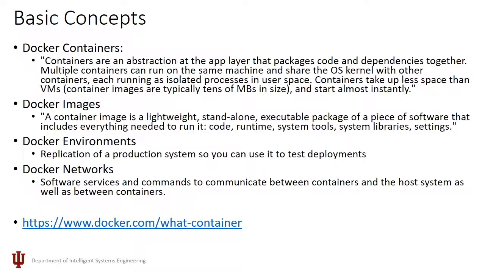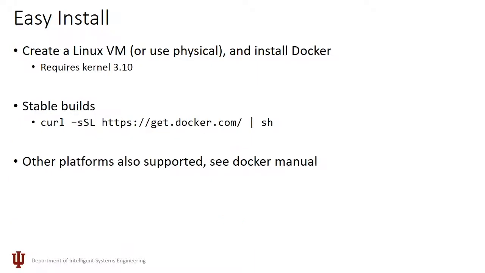We have a Docker environment that replicates the production system so that you can easily test it out. And we have networks. This is just the repeat of what we have said before. Now let's figure out how we can discuss how we can install Docker.